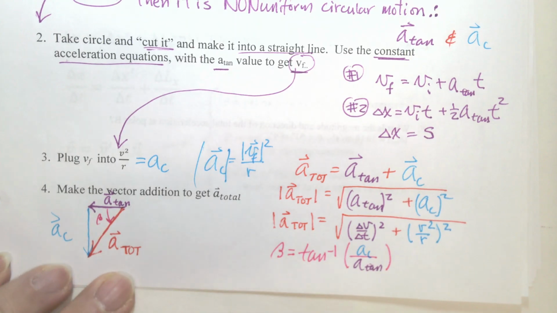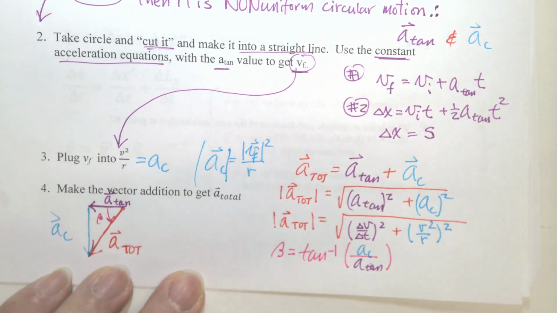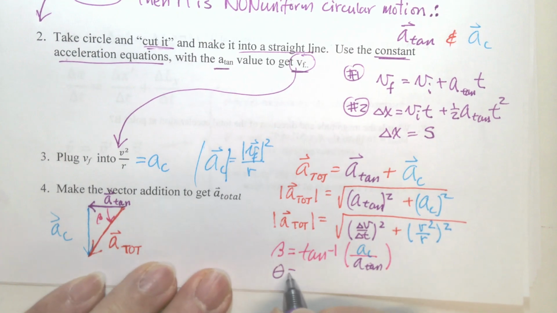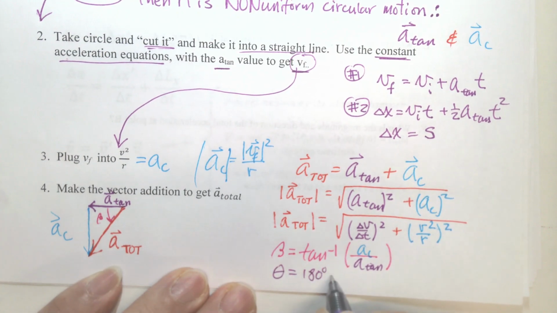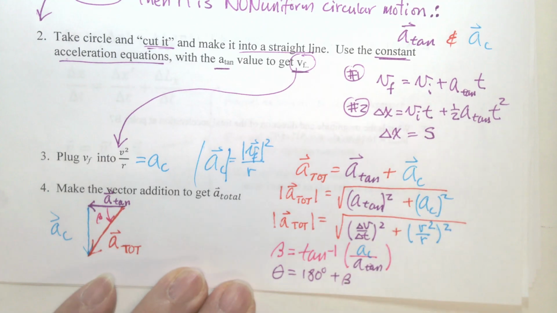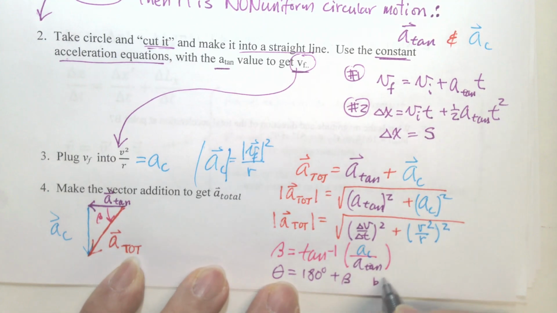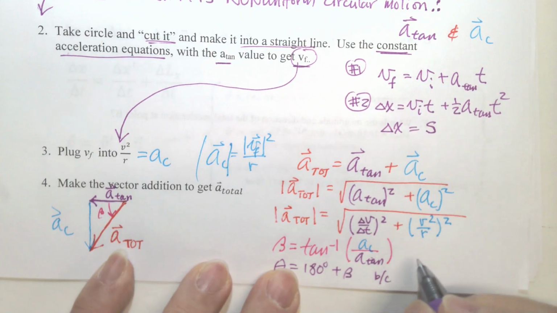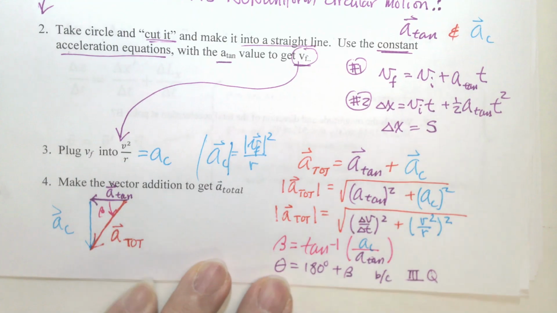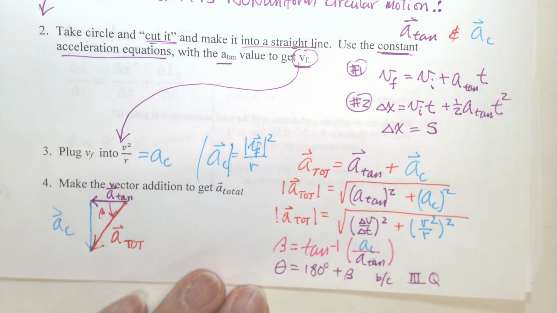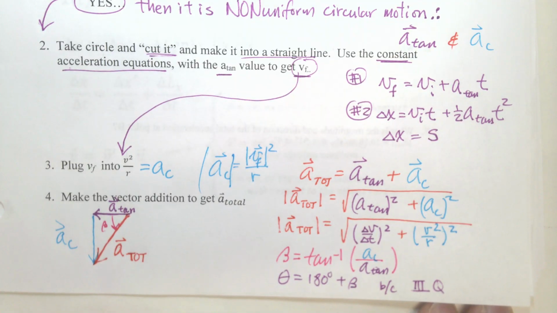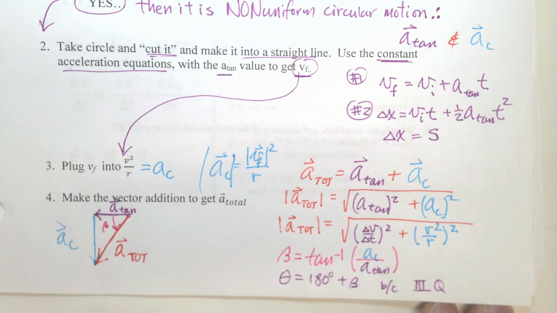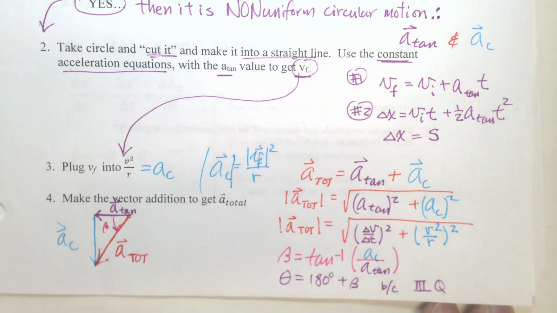And since my theta is in the third quadrant, it is 180 degrees plus your beta, because you're in the third quadrant. Are we okay with that?